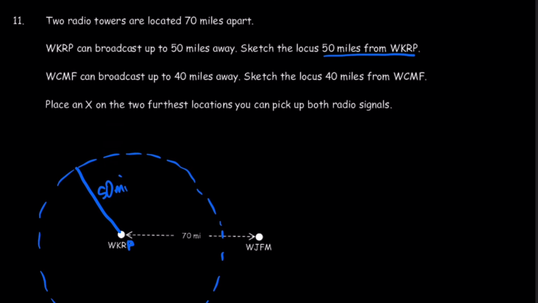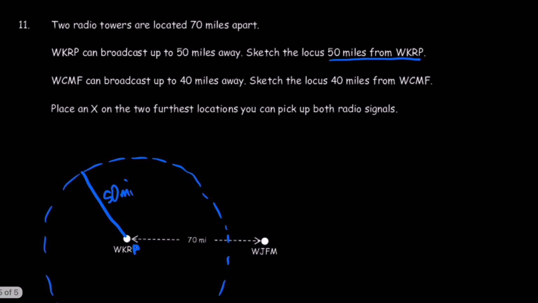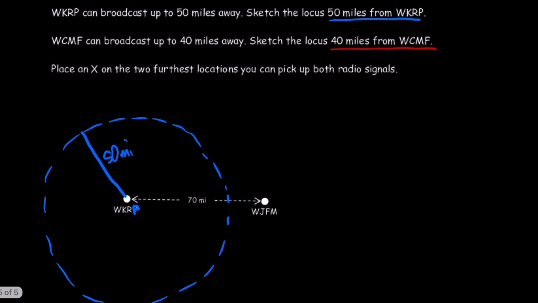Okay. Next one. WCMF can broadcast up to 40 miles away. Sketch the locus 40 miles from WCMF. I think they forgot to change it down here too. So this is WCMF. All right, so 40 miles away is more than halfway, so it'll be over here somewhere.